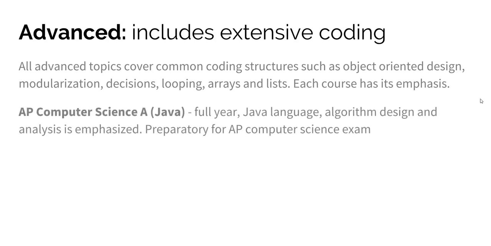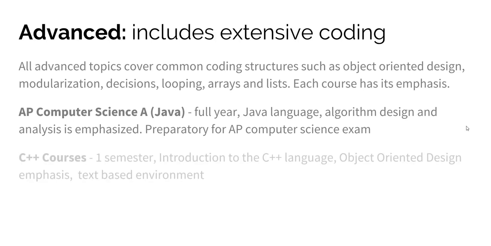AP Computer Science in Java is a full year. It's a Java language, and algorithm design and analysis is emphasized. We will look at different pieces of code, we will time how long it takes them to execute, and we will study their efficiencies. It is also very much a preparatory class for the AP Computer Science exam.